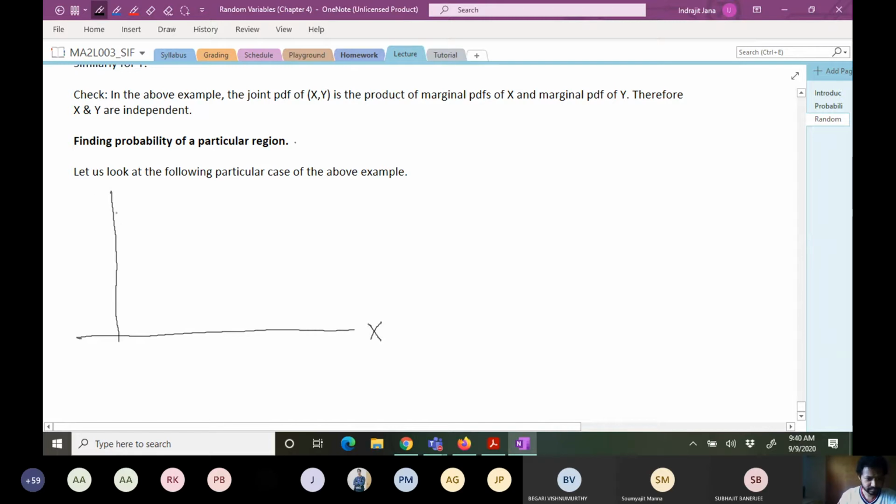So this is x, that is y, and suppose x is between 1 and 2, and y is between 0 and 3. So this is 3. Y is in between 0 and 3.